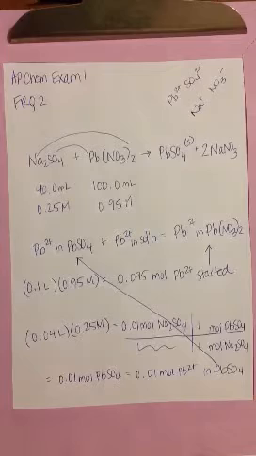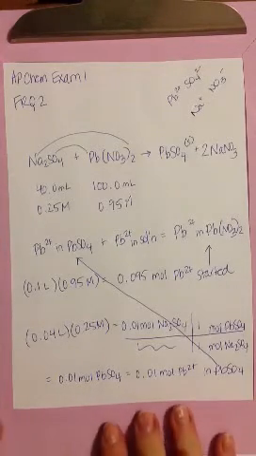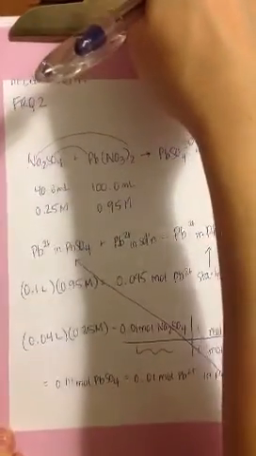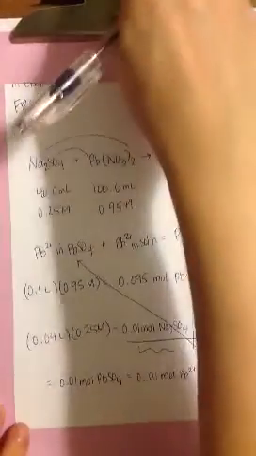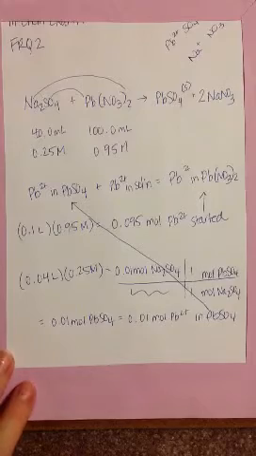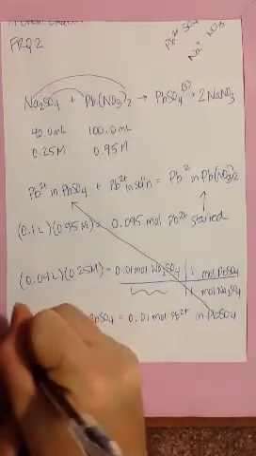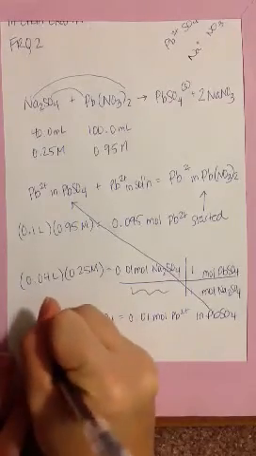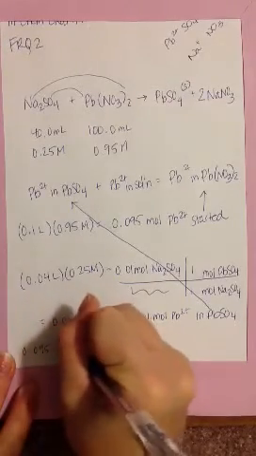So now I have my 2 numbers. Now I can just subtract and find my number of moles. So I'm going to move this down just a little bit. And if I subtract, I get 0.095 minus 0.01.